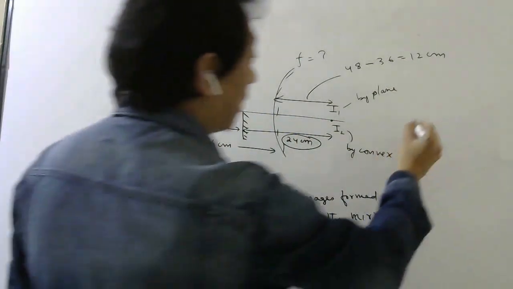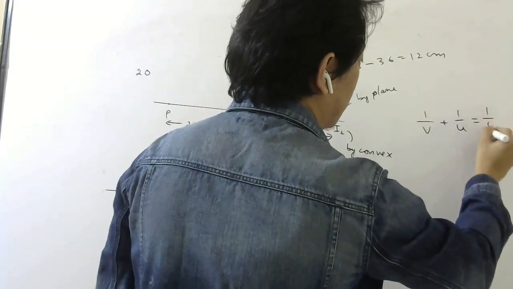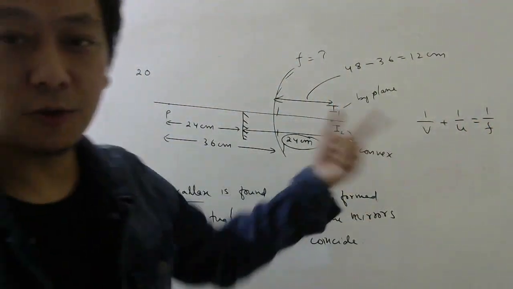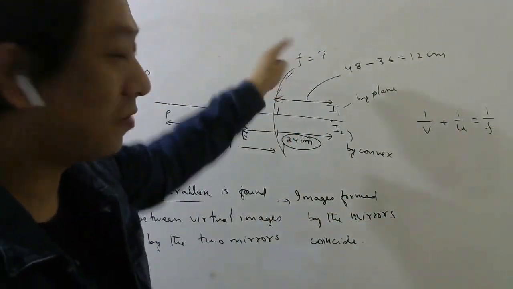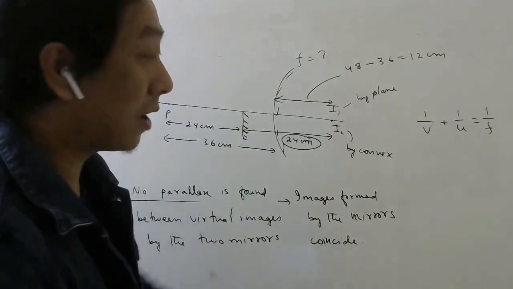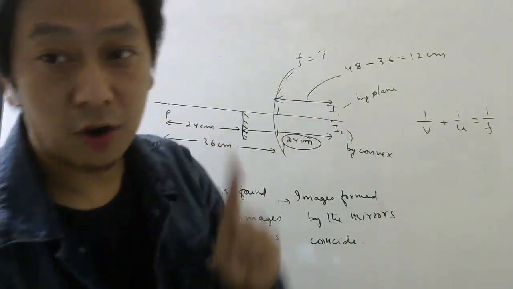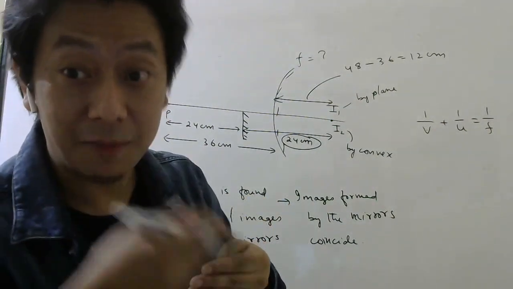So let us apply the mirror formula. This formula is only for spherical mirrors. Which mirror am I applying it for? Convex mirror. So what is the image distance for the convex mirror? Since we are applying this formula for the convex mirror, all the distances are measured from the pole of that mirror.